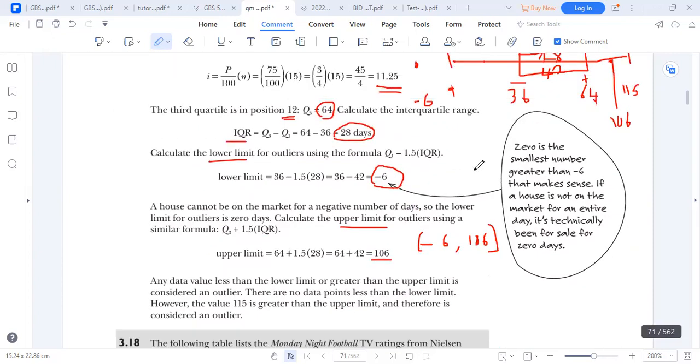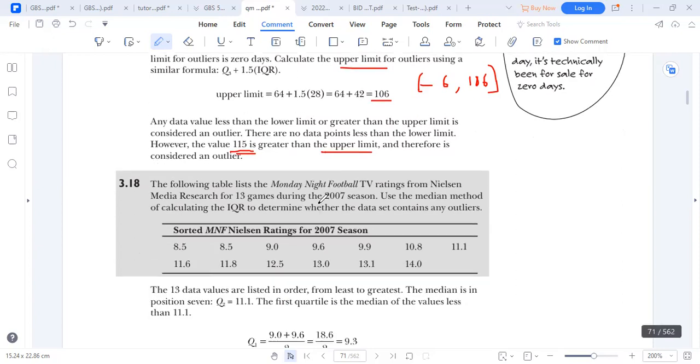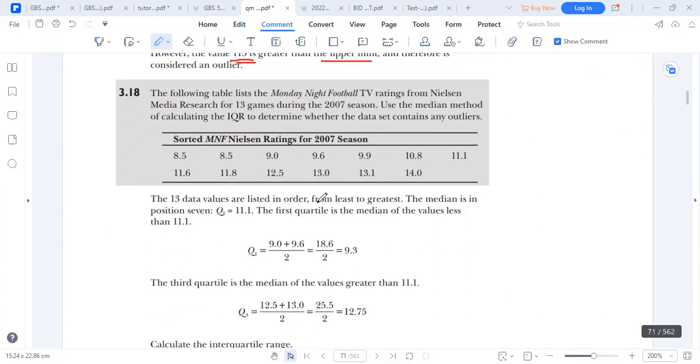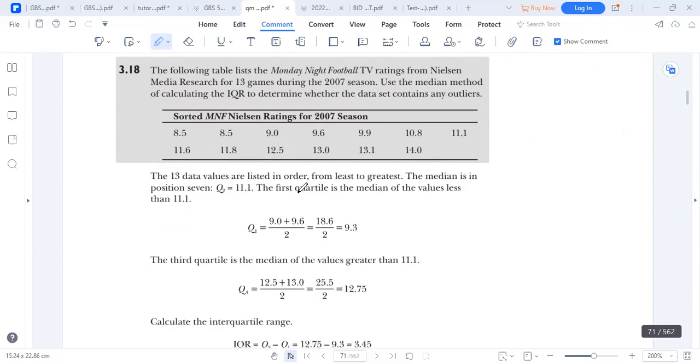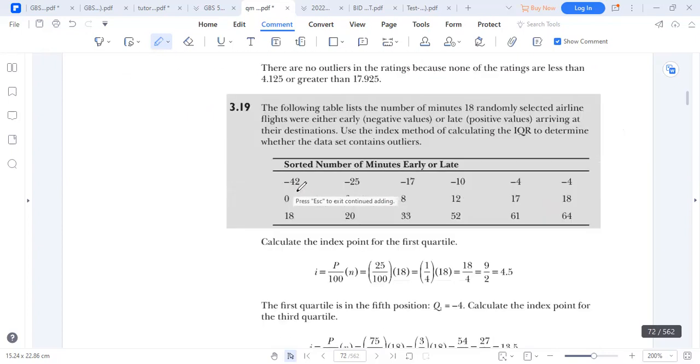So the 115 is going to be considered as our outlier. Why? Because it's greater than the upper limit. Is that clear? Anyone behind? Okay, same with any questions that may come.